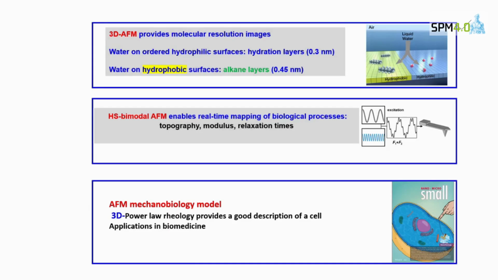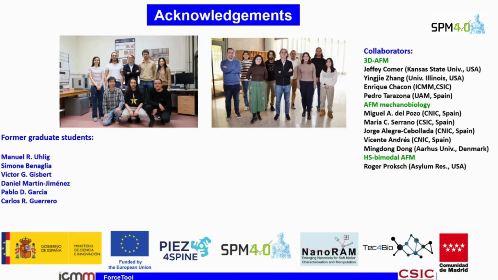And now we are also working in cell mechanobiology to learn more about the physics of cells, and by learning the physics of cells, to develop tools to apply to mechanobiology and medicine using machine learning approaches.